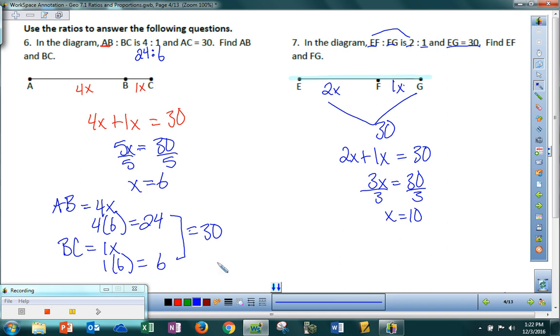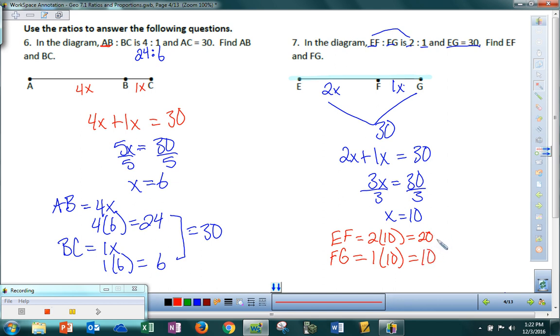So if we go back up to our two side lengths, EF should have been equal to 2 times x, or 2 times 10, and that gives us 20. And then FG should have been equal to 1x, or just 1 times 10, which is 10.